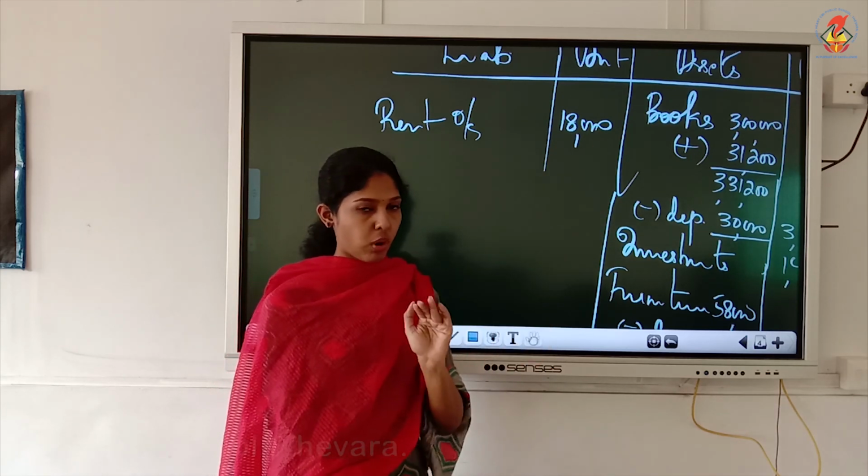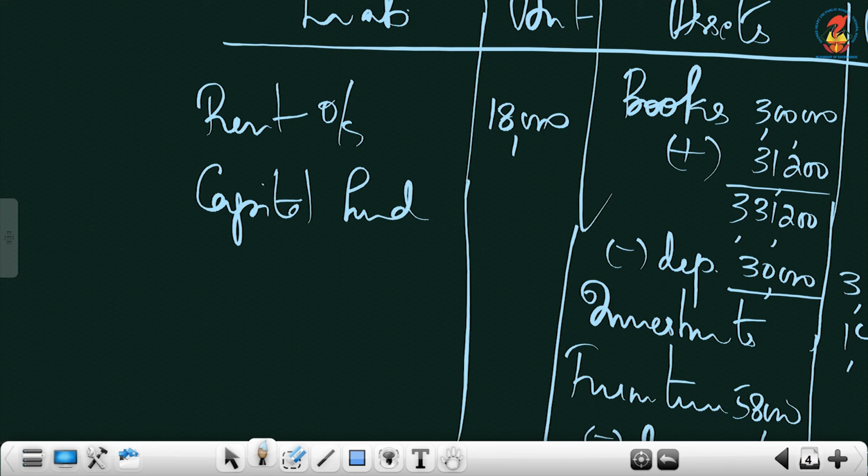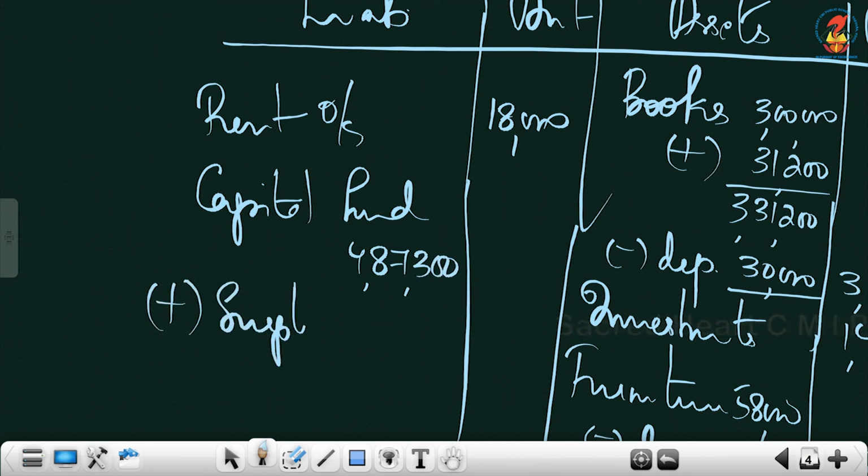Next what we have to write is, always there should be a capital fund on the liability side. From where will you get this? From the opening balance sheet. We computed the figure, no? So, you have to remember to write this capital always on the liabilities. With that we will add that surplus balance which we got.